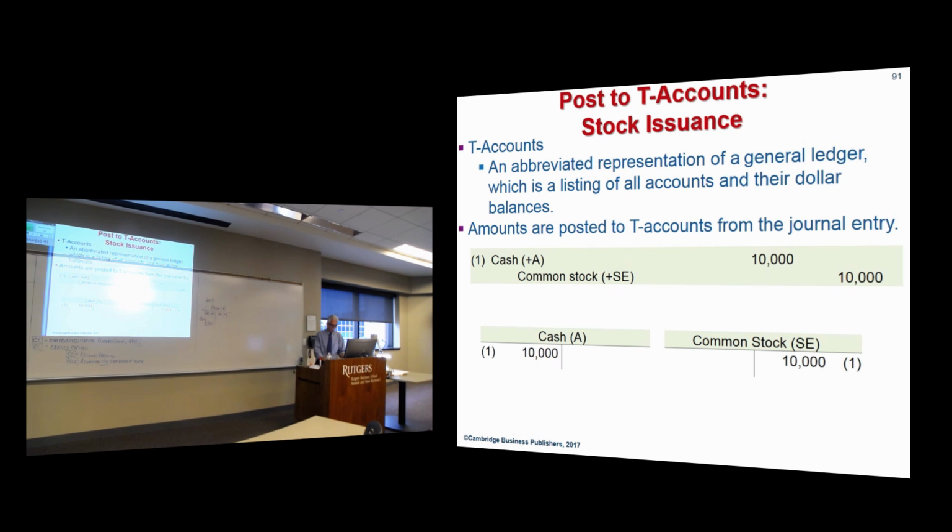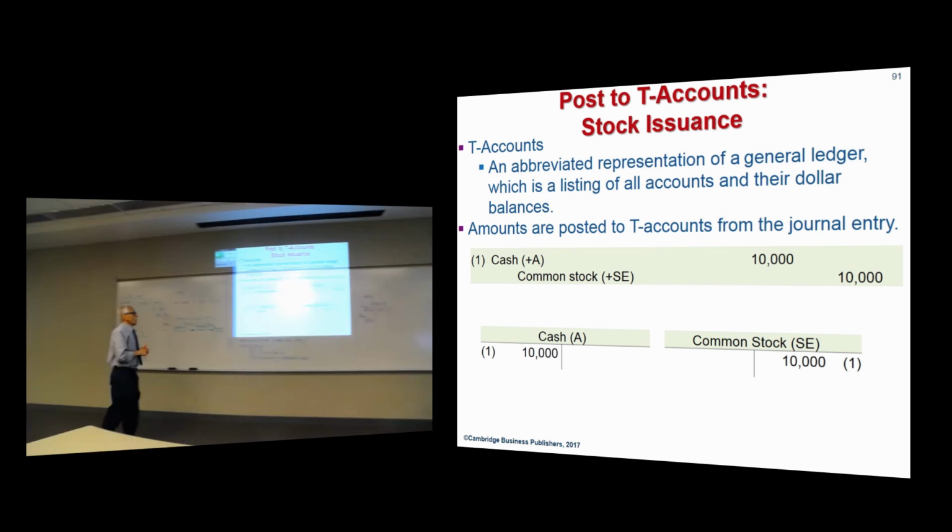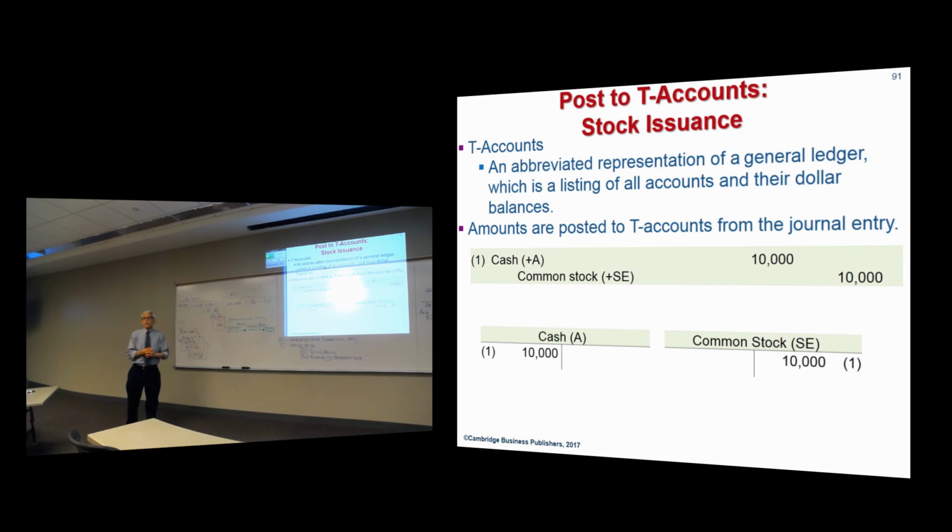So here's an example. And again, what I really keep emphasizing is that you should always look at these abbreviations, because it'll always help you. We know that cash is an asset. That's easy. Sometimes it's not that easy in certain transactions. But in this case, this is the example we had early on. We did this last week.